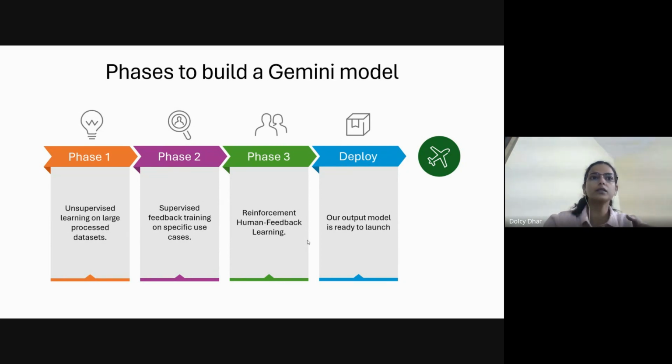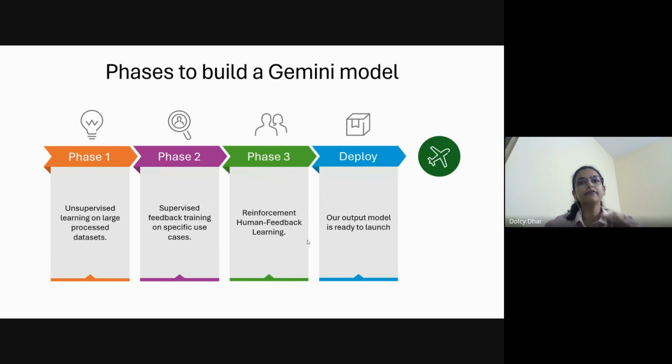Phase one is unsupervised learning on standardized, large data sets, with millions and billions of parameters, on which our large language models are trained. After that, phase two is a supervised feedback training loop, where only certain specific use cases are supervised so that the model gets better on those use cases.